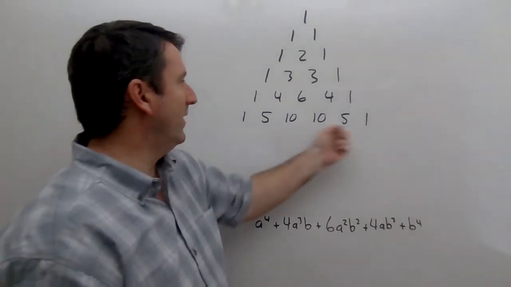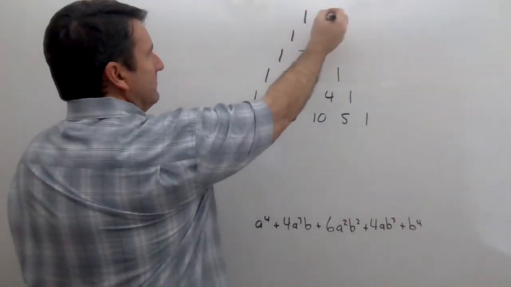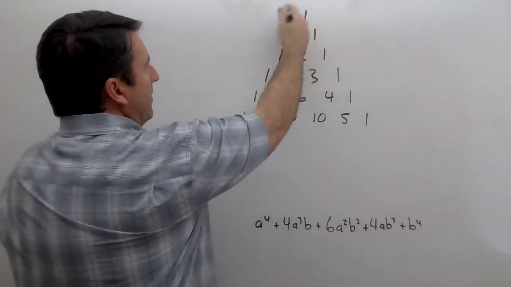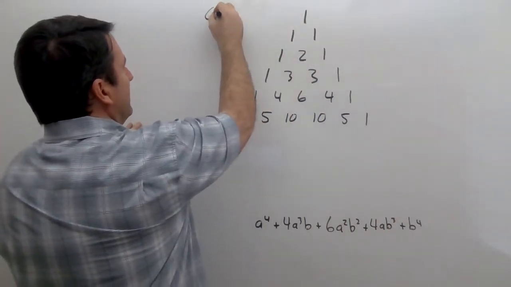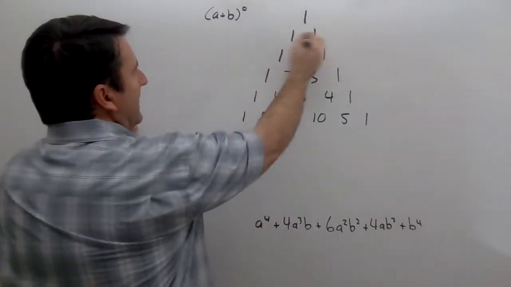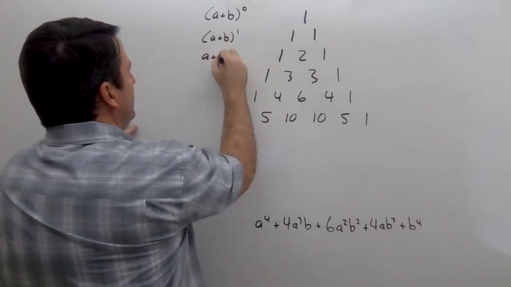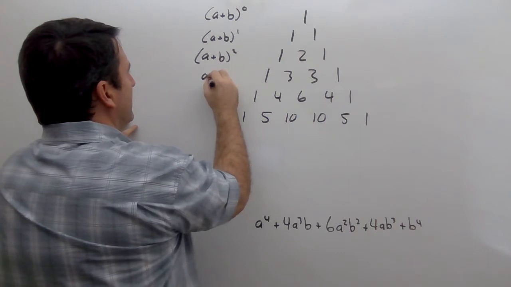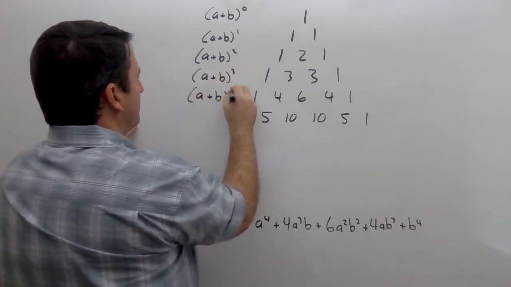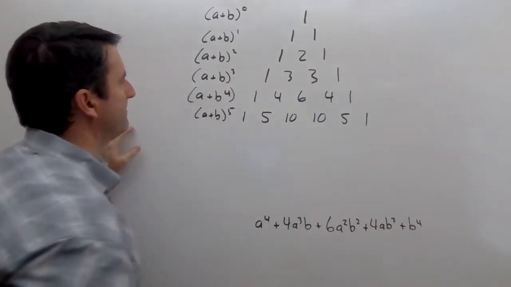And so what happens is that each of these rows is going to be the coefficients for the binomial expansion of a plus b to the 0th power, and this is going to be a plus b to the first, a plus b to the second, a plus b to the third, a plus b to the fourth, and then a plus b to the fifth.